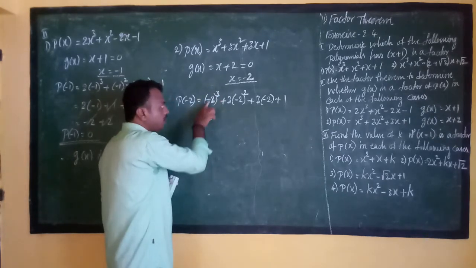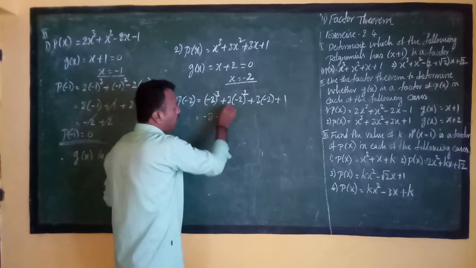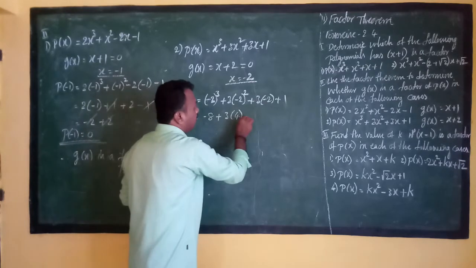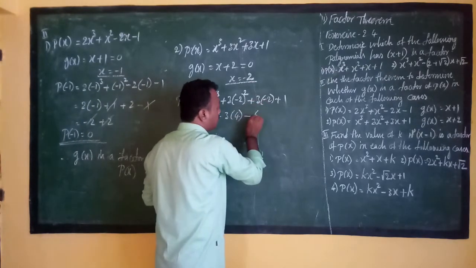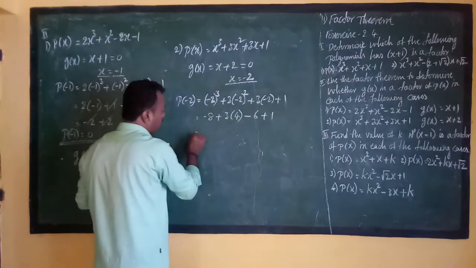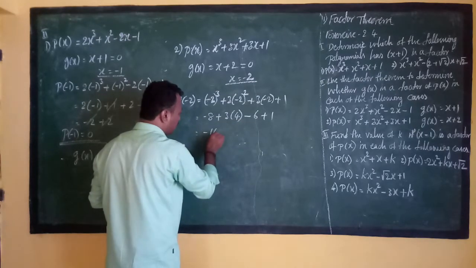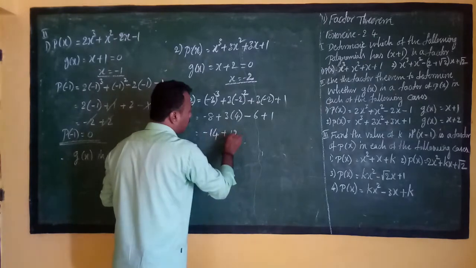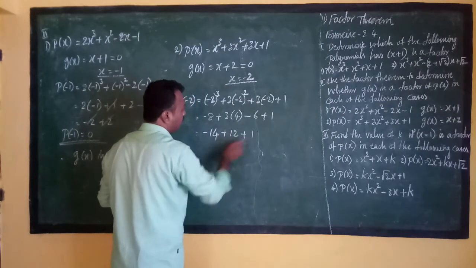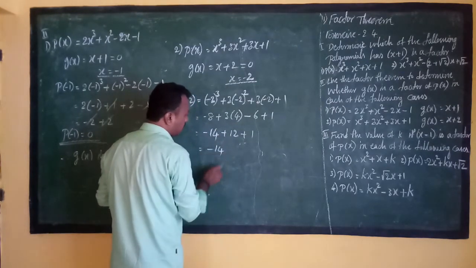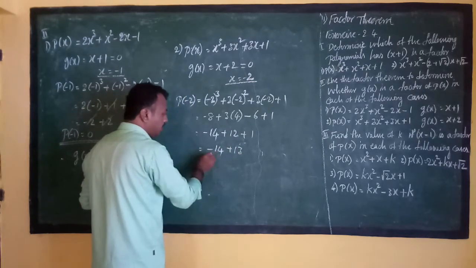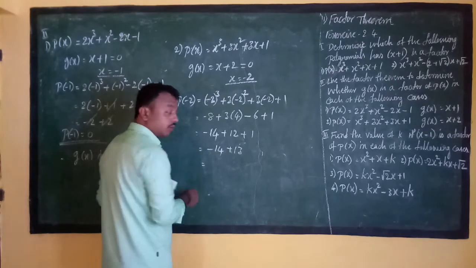2 cube means 8, negative sign, plus of 3 into minus 2 whole square means plus 4, and plus into minus, minus 3 to the 6 plus 1. Then minus 8 minus 6 I will add, minus 14, and plus 3 fours are 12 plus 1, 13. I will add it, and then these two signs are different, so we have to do subtraction.